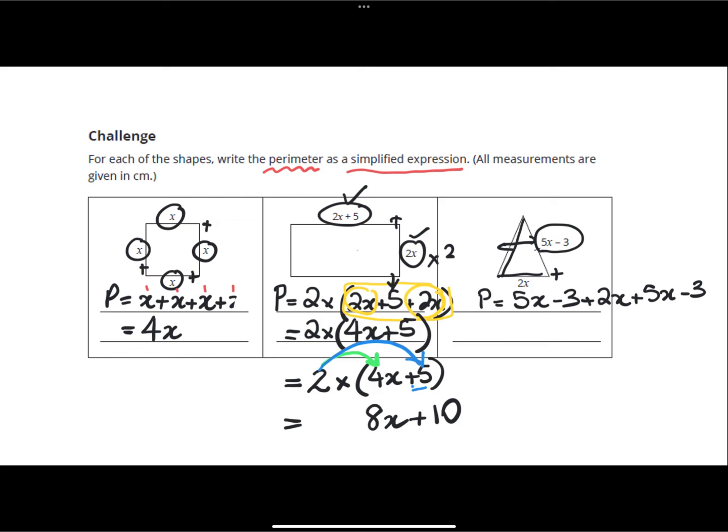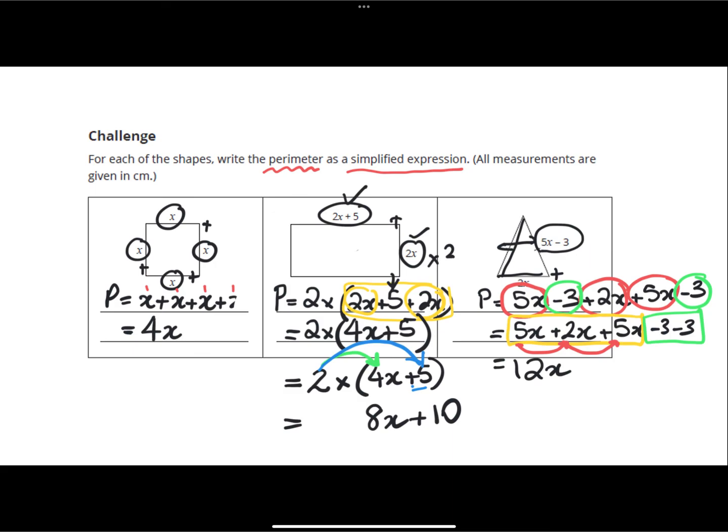So let's circle our common variables. Now let's rewrite it with those together. Now let's simplify that one, and we'll simplify this one. So I have 5x's, 5 plus 2x's is 7x's, plus another 5x's is 12x's.